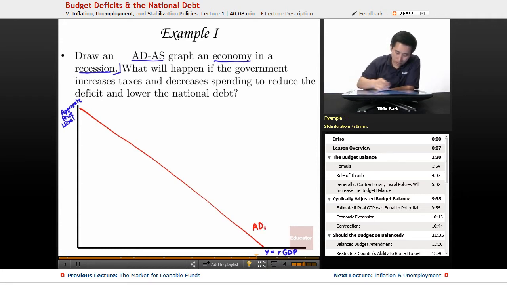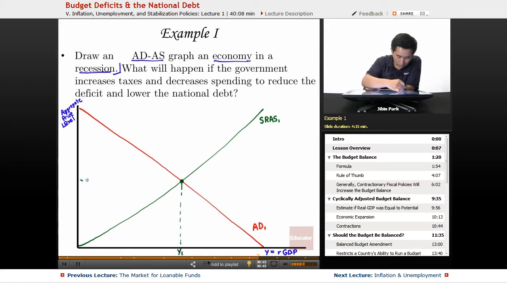And you are going to have the short run aggregate supply, SRAS1. Where the short run aggregate supply and aggregate demand intersect is labeled Y1, which is the current output, and this is PL1, the price level 1.